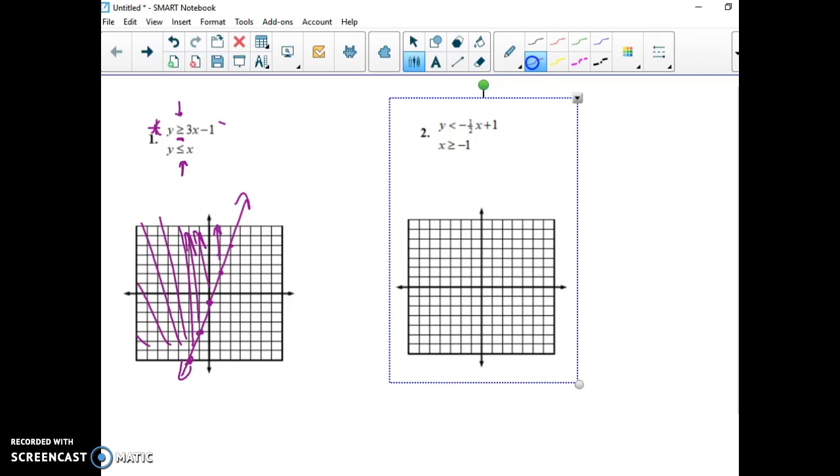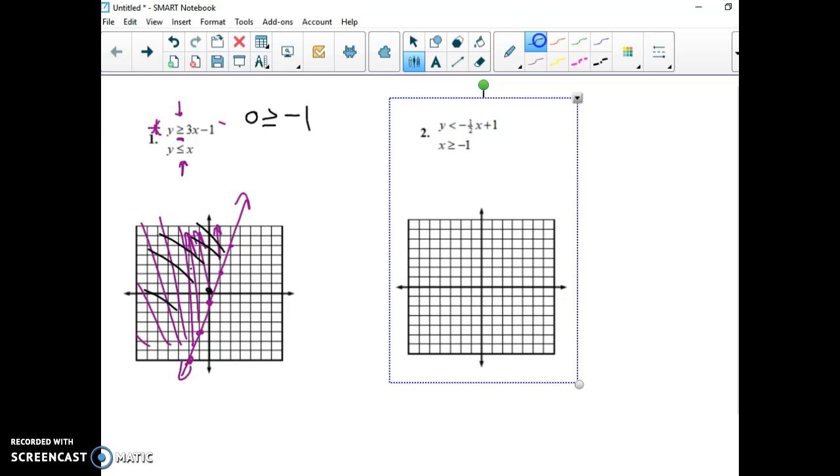For example, say this point, 0, 0. It's clearly on the upper portion of the line. So if you input 0, 0, it's going to give you a statement that is true. 0 is greater than or equal to 3 times 0 minus 1, which is negative 1. So that shows that this portion over here is where the solutions lie, just like at the point 0, 0.